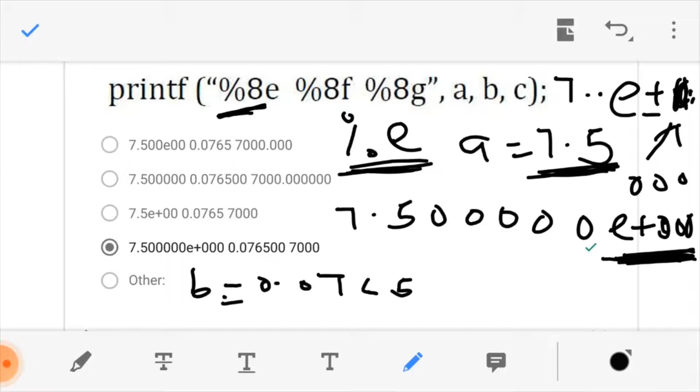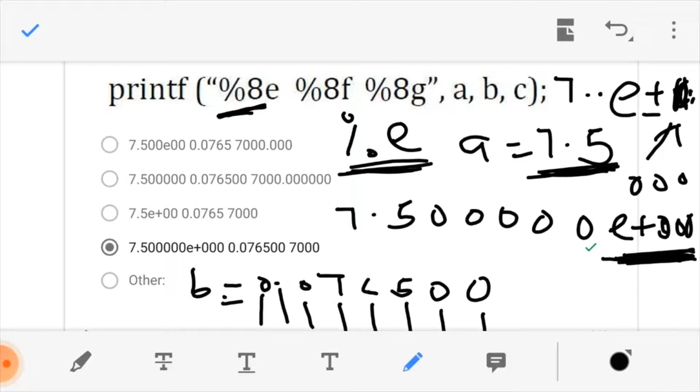So here we would add 2 zeros to make it add up to our default precision. And when we count it, we realize that it fits our minimum filled width description. So 1 2 3 4 5 6 7 8, it fits.